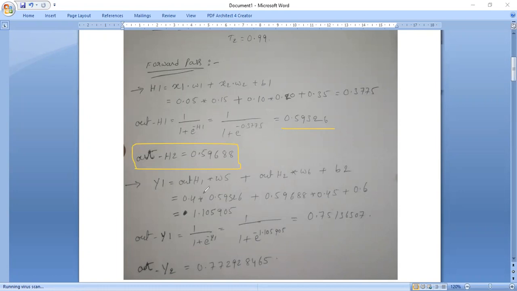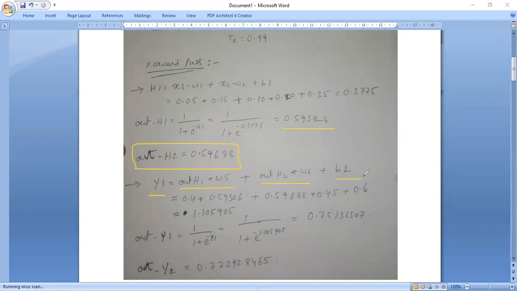Now we are going to calculate the output layers. The first output layer node is y1. Taking the input of y1, net y1 is output of h1 into w5 plus output of h2 into w6 plus b2.